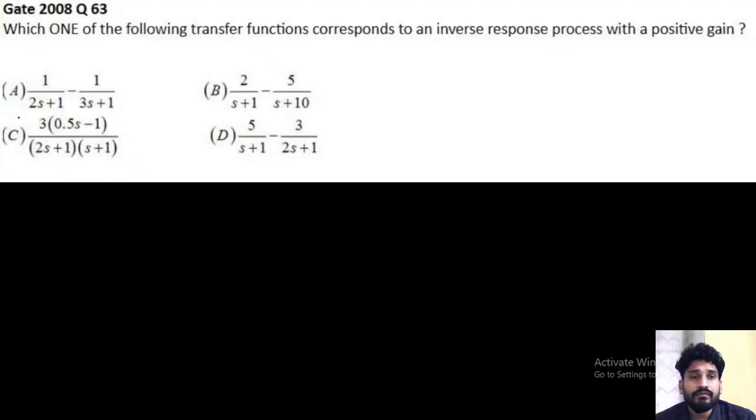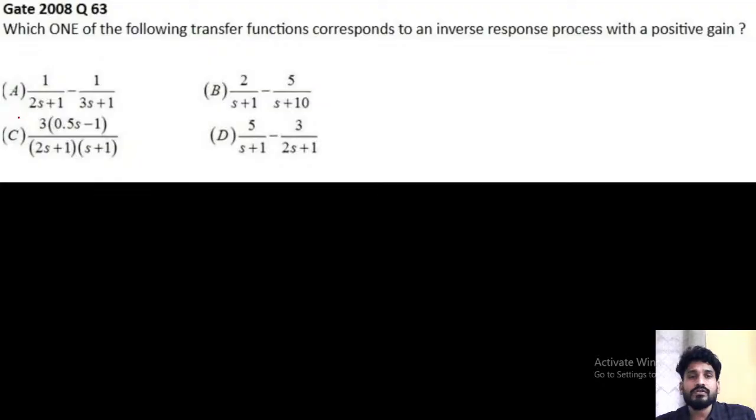So we have 4 options, out of which we have to calculate which one is showing the inverse response. As you can see in options A, B, D, we can directly see that these are options related to the first order system which is showing the inverse response. For that we have to calculate it.